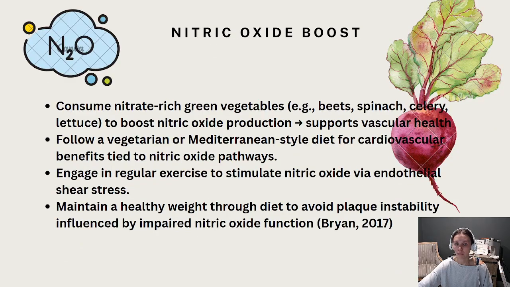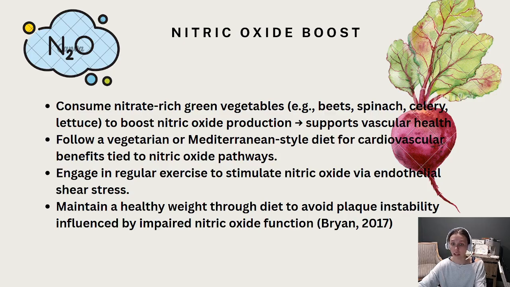Okay. To directly support vascular health and combat atherosclerosis, we can leverage nitric oxide. The first way to do that is by consuming nitrate-rich vegetables like beets and spinach, which provide the raw material for nitric oxide production. Second, we want to adopt a Mediterranean or plant-based diet, which provides a synergistic mix of nutrients that support this pathway.